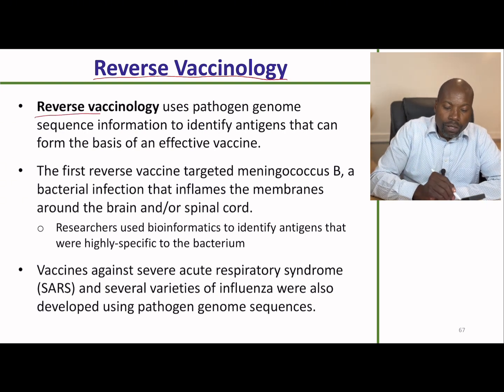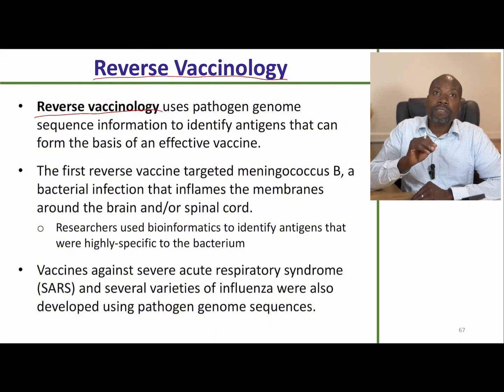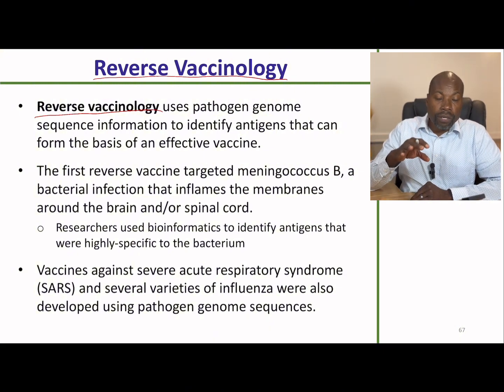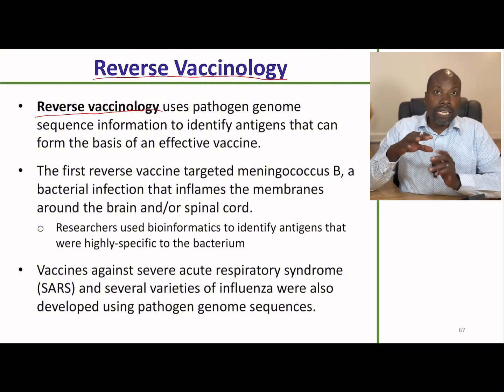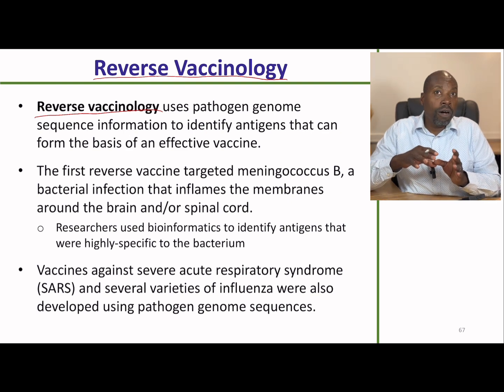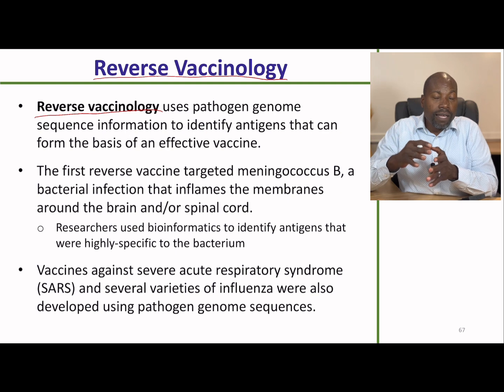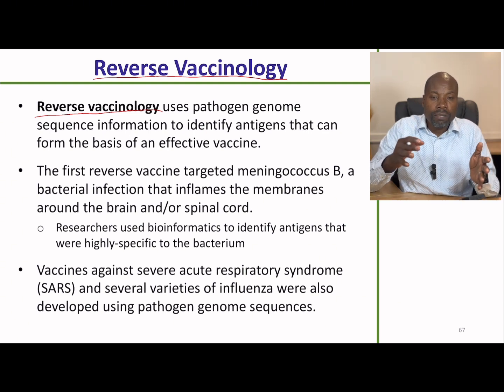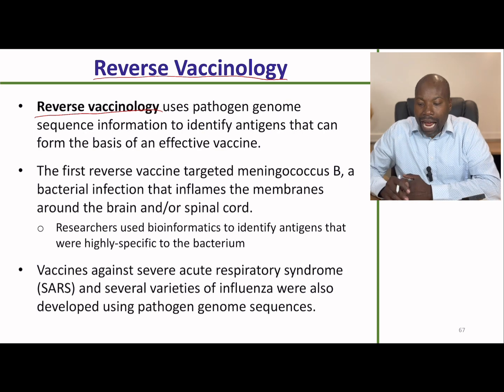In reverse vaccinology, we identify genes in a foreign particle that could encode proteins that can be good vaccine candidates, right? We've designed a bunch of vaccines using that approach.